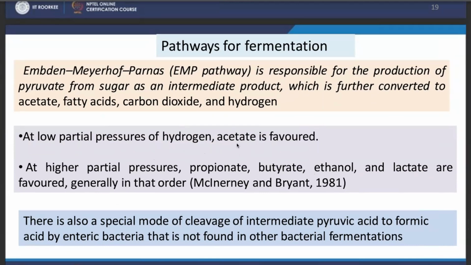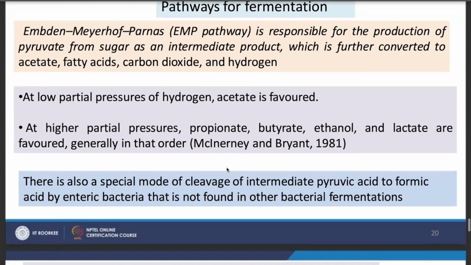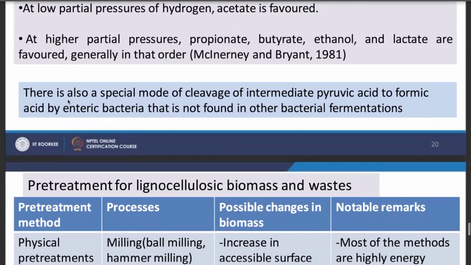From acetate, we know a direct path to convert it into methane. For propionate and butyrate also, we can convert these into biogas or methane at the end of the day. So there is also a special mode of cleavage of intermediate pyruvic acid to formic acid by enteric bacteria that is not found in other bacterial fermentations, right?